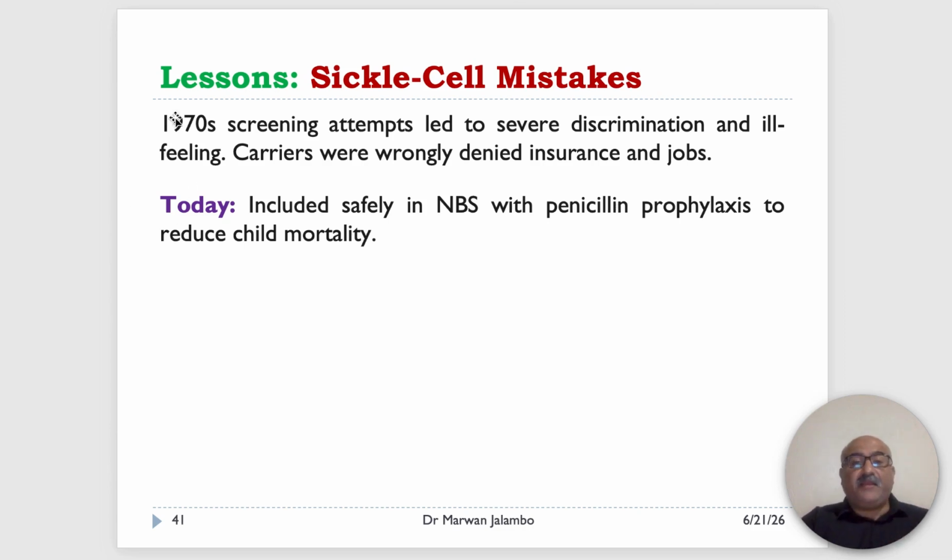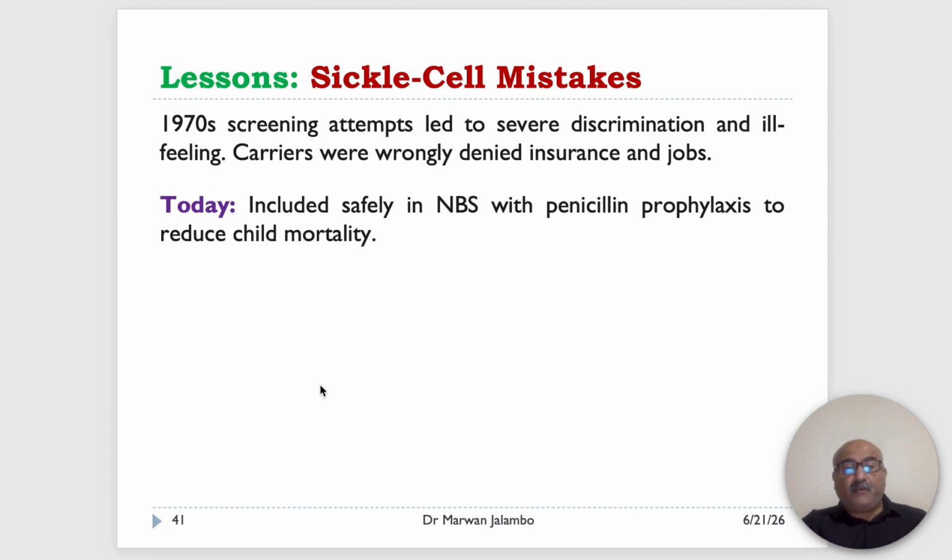In the 1970s, the United States launched an aggressive, poorly planned screening program for sickle cell trait because the community was poorly educated on the difference between being a healthy carrier and having a disease. Massive discrimination occurred.